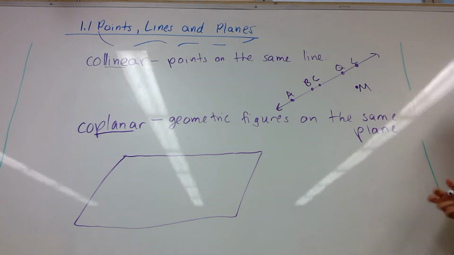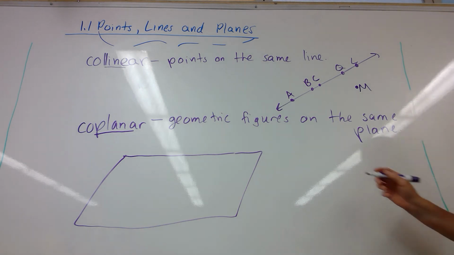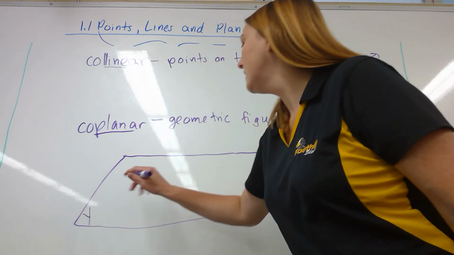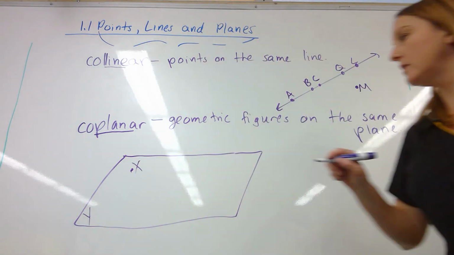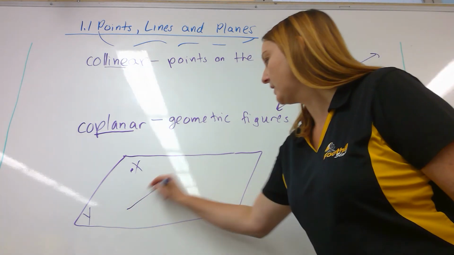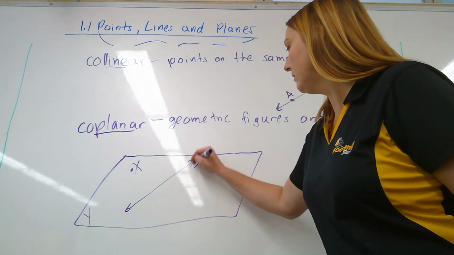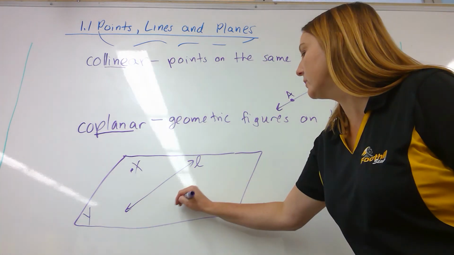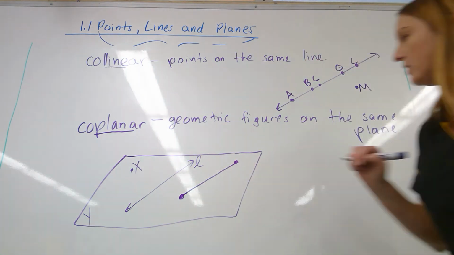What are some examples of geometric figures? Well, points could be there. So maybe we name this plane Y, and I put a point X on there. I could also put some lines on my plane. Maybe I put line L on there. There's something we're going to learn called a segment, something like this.